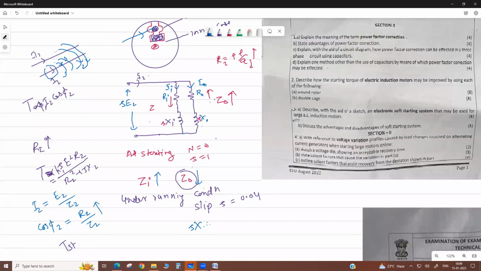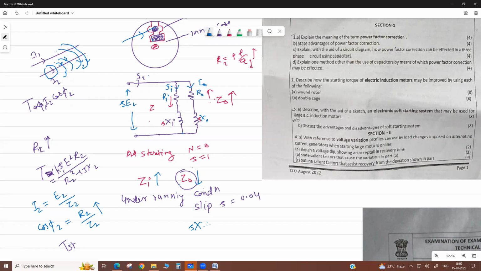Because resistance is high, at starting we have high torque. But in running condition, current shifts to the inner path, which has low resistance. So losses are reduced under running condition.